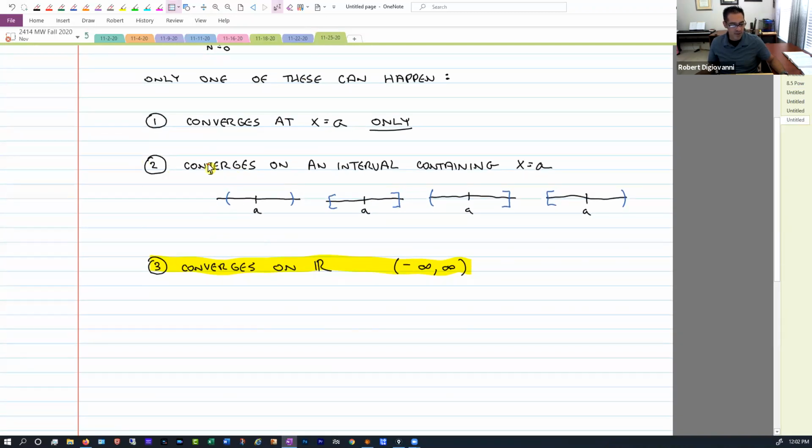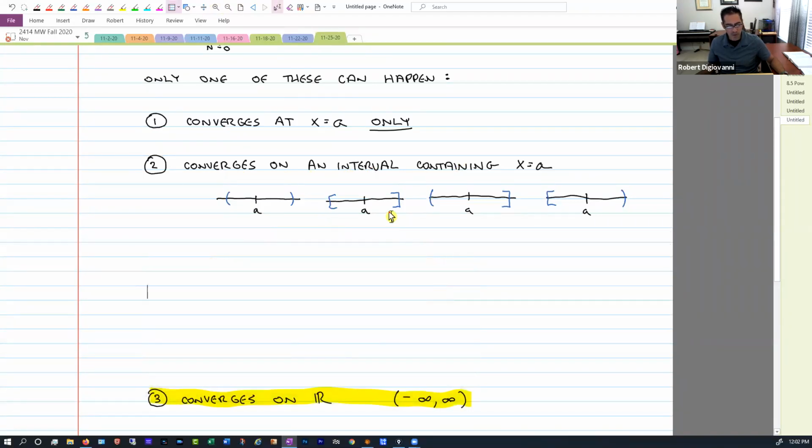Let me go back to step 2 here. I'm now going to just squeeze something in here. So this interval that I'm talking about, here's how you get the interval.